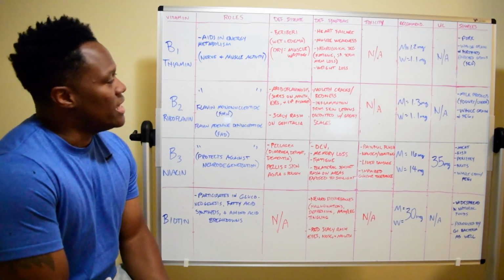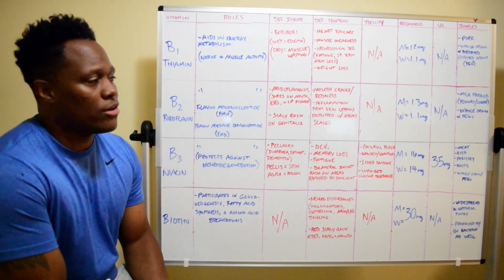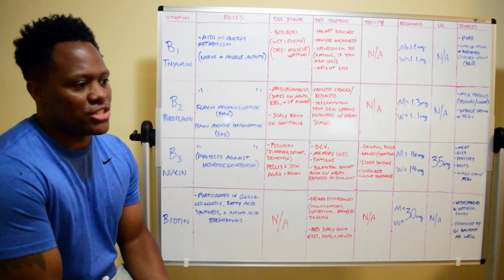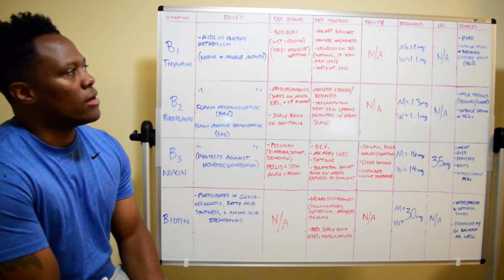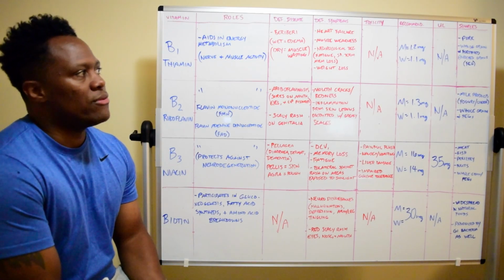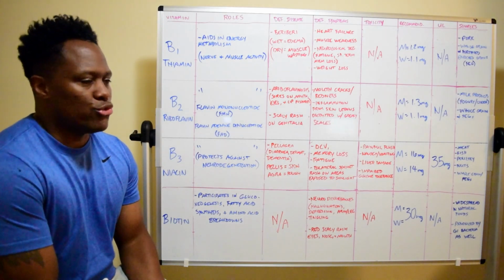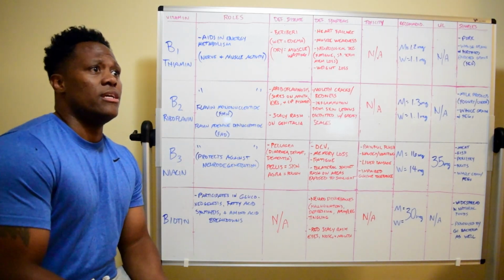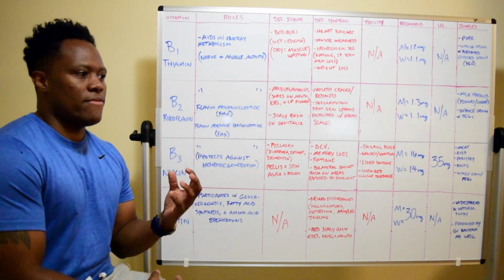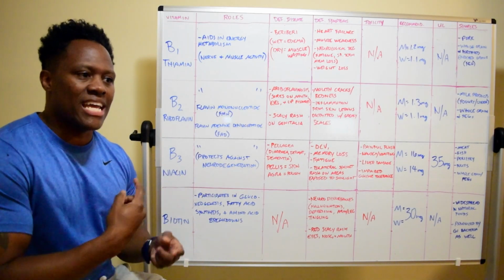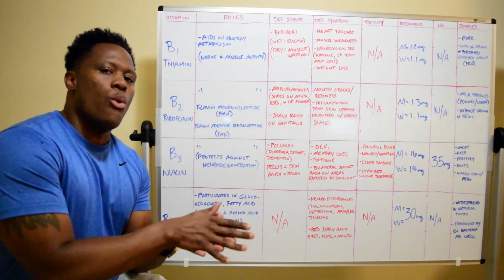The sources you can get thiamine from include pork, if your diet allows, because I might have some vegans or vegetarians out there who don't eat that. If you don't eat pork, you could also be looking at whole grain and fortified enriched grain foods. Just in case you didn't know, those are grains that have been enriched with nutrients. I believe the bran and germ are taken out in the process, and it essentially enriches the foods with nutrients.